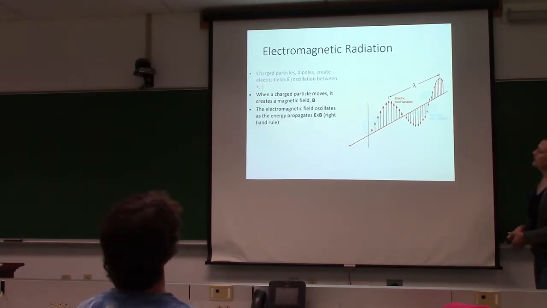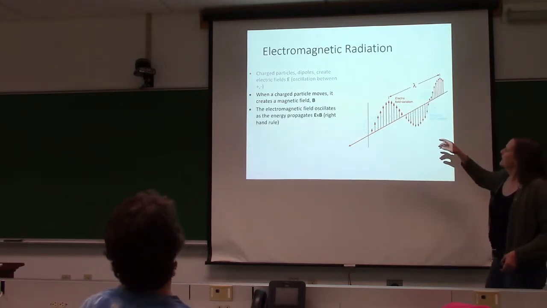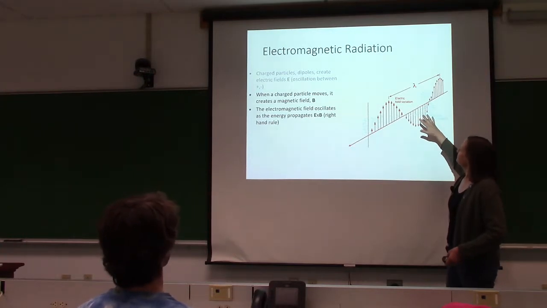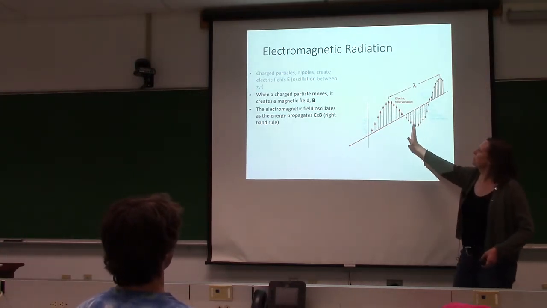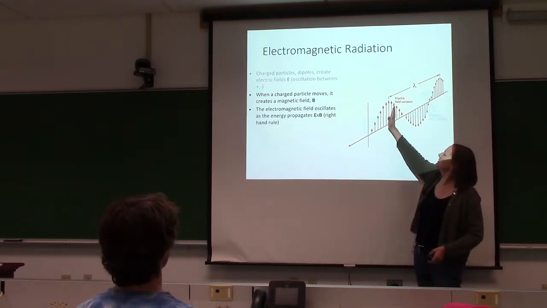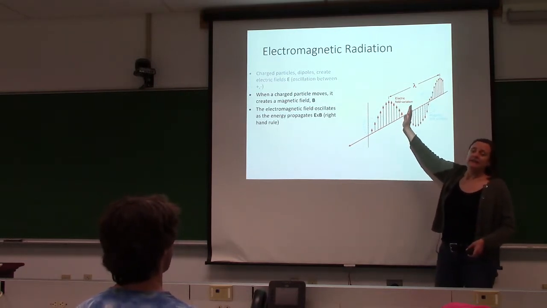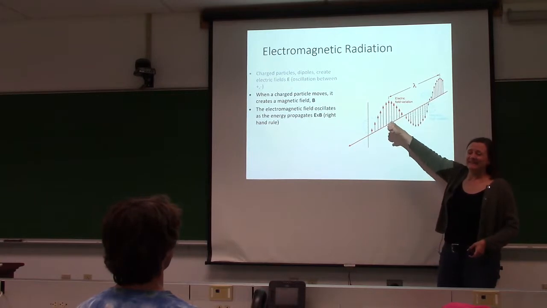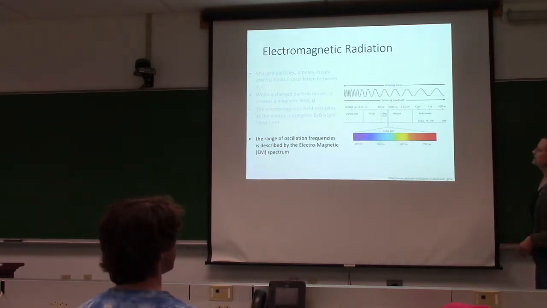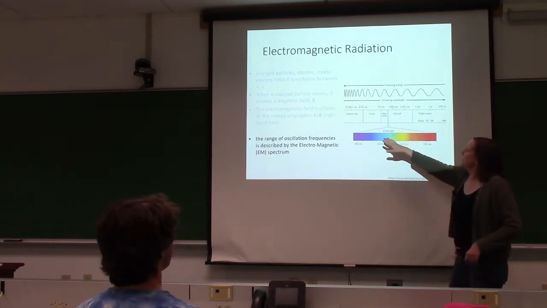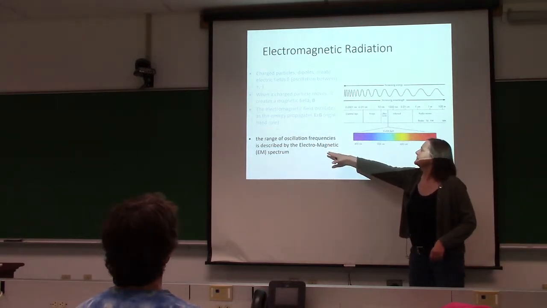And you can think about this as the energy propagating with these fields. And if you remember the right-hand rule, if you take your fingers and point them in the direction of the electric field, and you curve them into the magnetic field, you get the direction of propagation. Okay. And so the frequencies that we're thinking about are described by the electromagnetic spectrum.